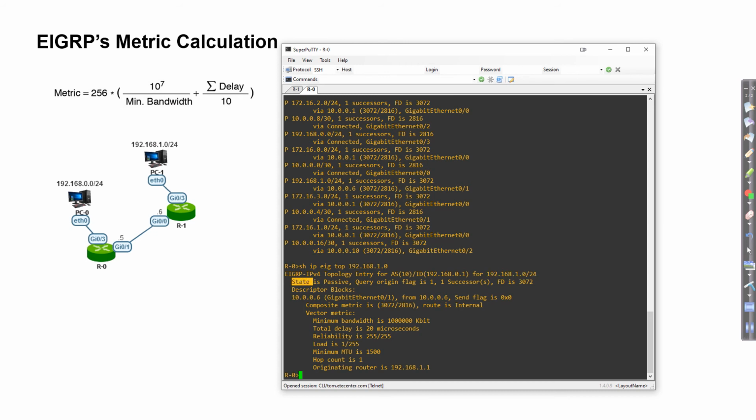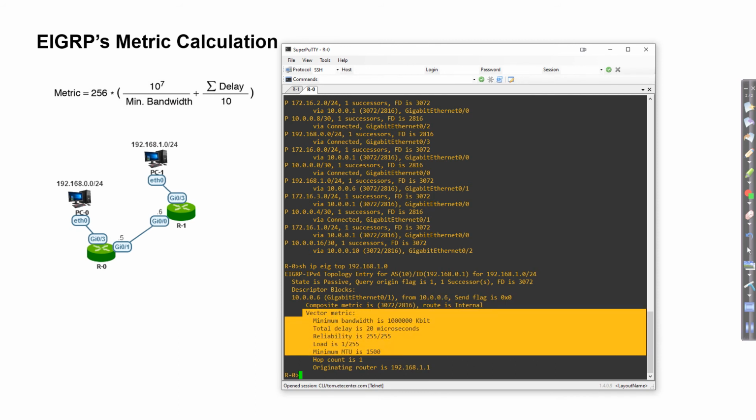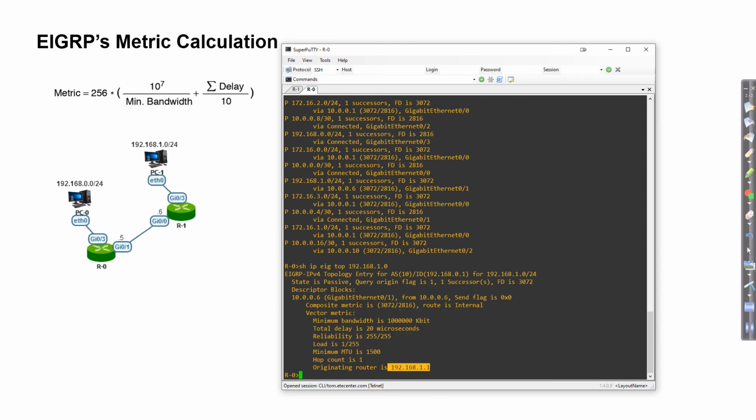The state for this network is passive. One successor, the feasible distance is 3072. I have learned that from 10.0.0.6, and here are all my vector metrics. And the router that sent me that information, its router ID is here. Now you can see the calculation for the metric for EIGRP is not too shabby.